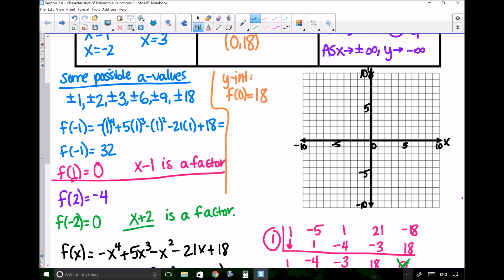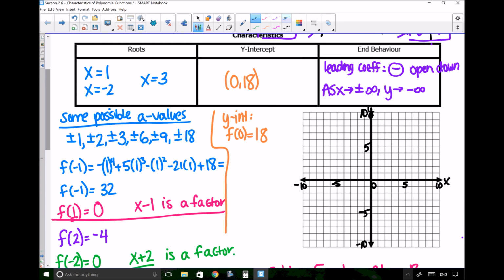Actually, I want to talk about our roots first. So if we have our roots right here, we know that we have a root that will occur at 1. We know that we have a root that will occur at -2, and we know that we have a root that will occur at +3. So at this point in time, I already have 3 values that I can graph out on my graph, okay?